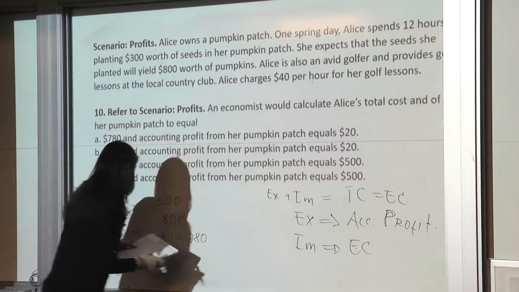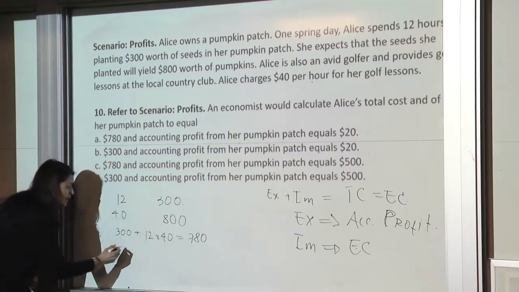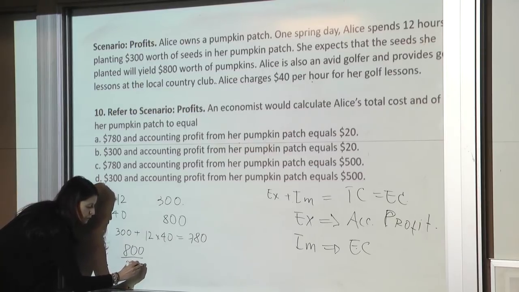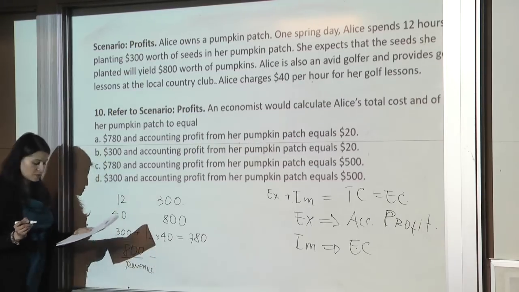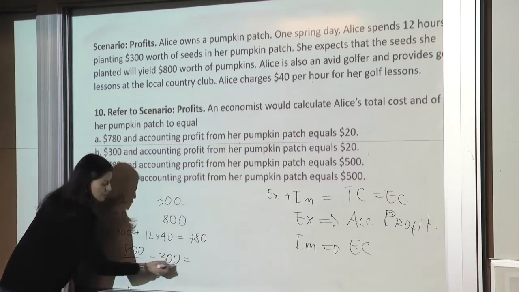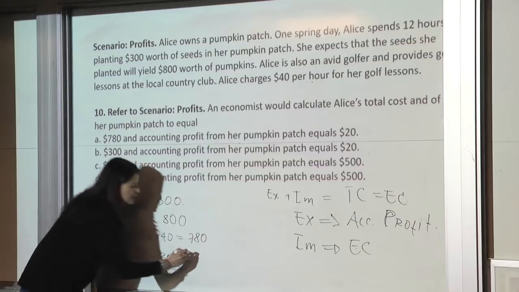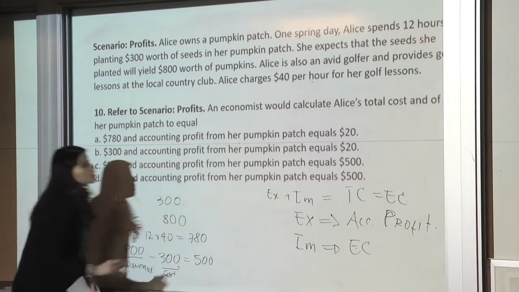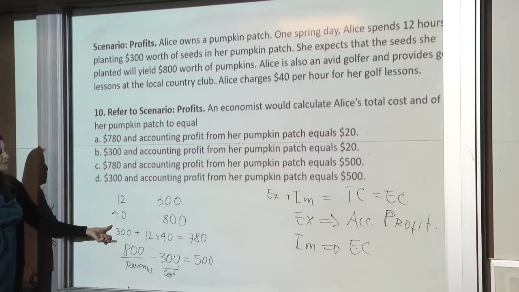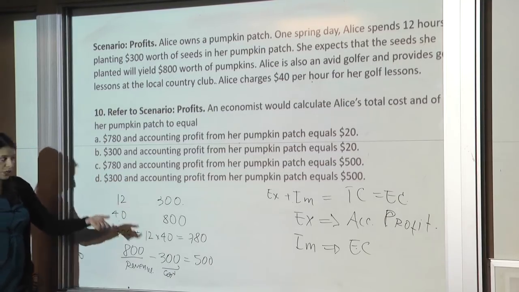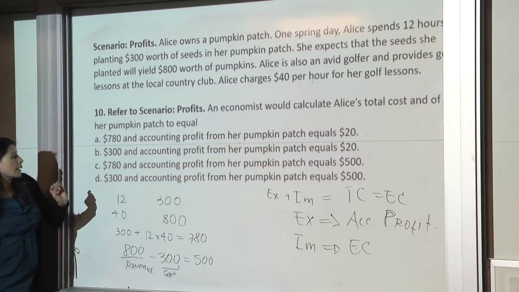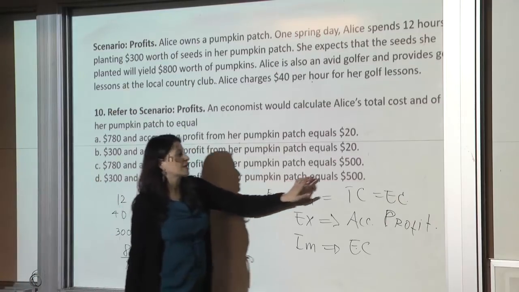Okay? So my accounting profit will be 800, which is her revenue, minus 300, the cost of the seeds, and that will be equal to 500. So the answer will be 780, which is the total cost that includes explicit cost and implicit cost, and her accounting profit, that will be 500.